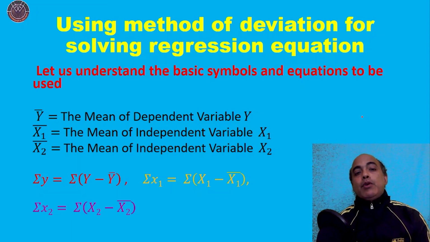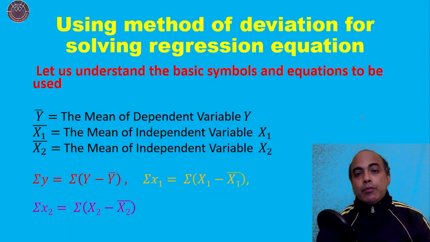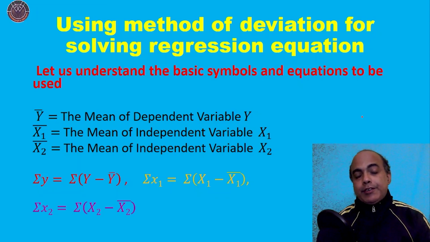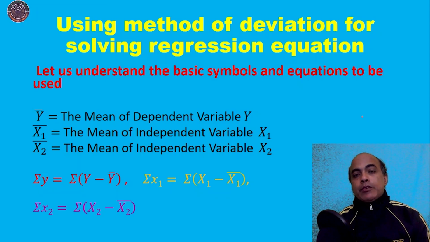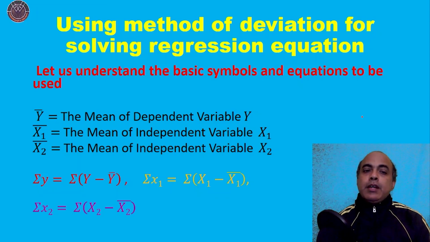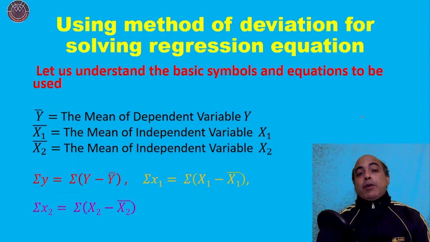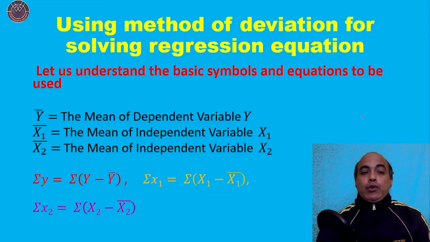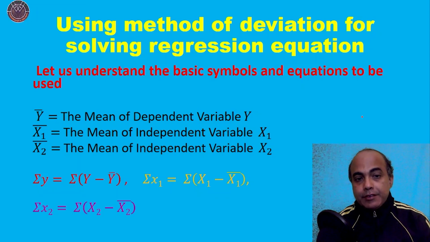Here we will use the deviation form of the different scores, the deviation from the mean, to solve this regression. If you use the exact scores also, you will get the same result, but it will be a little complex when the number of observations is quite large and when the number of independent variables is also very large. So just try to understand what our deviations are.